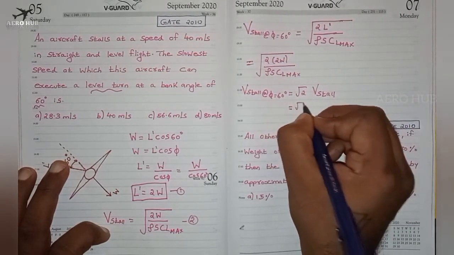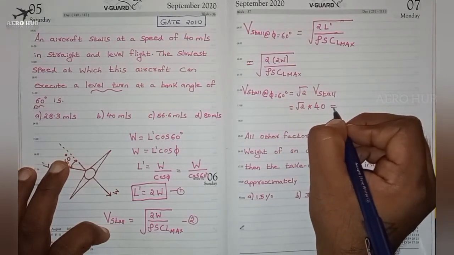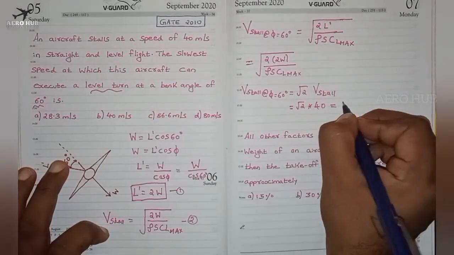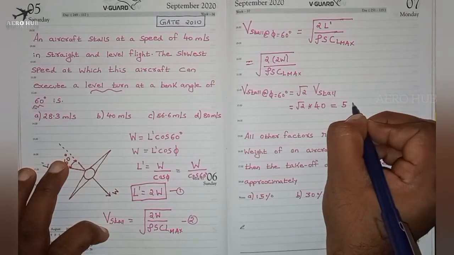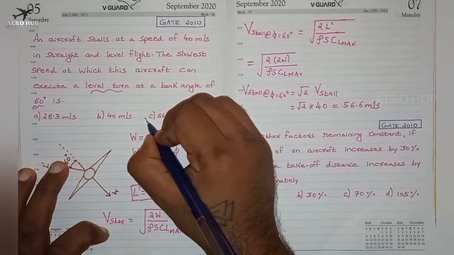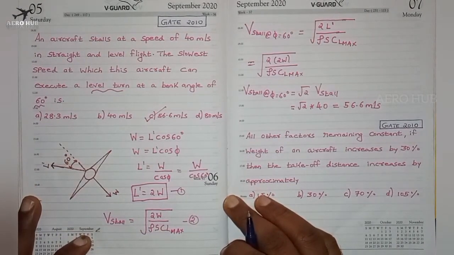So we have root 2 into 40, root 2 is 1.414, so it is approximately 56.6 meter per second. Option C. Okay, so this is the answer for the first question.